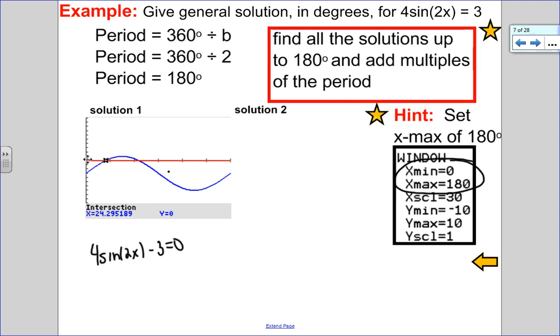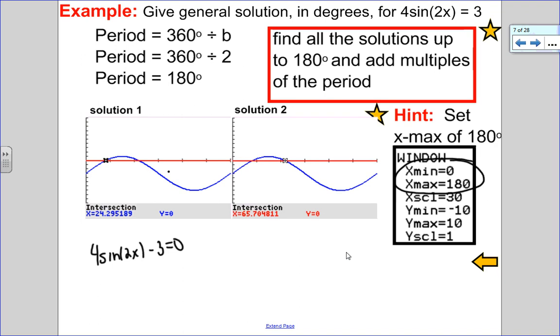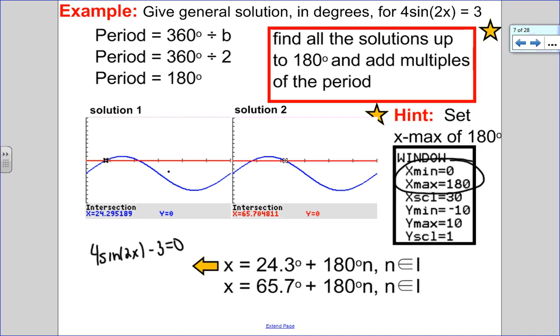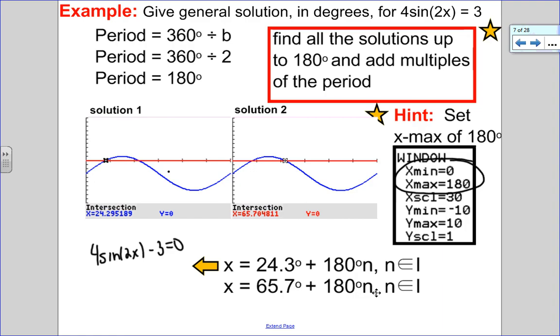I can see there's one more solution by the time I get up to 180. So looking at my second solution, 65.7. So I'm going to take each of those solutions and add on multiples of the period, which is 180. So I do that, and there is my answer, 24.3 plus 180n, and 65.7 plus 180n.